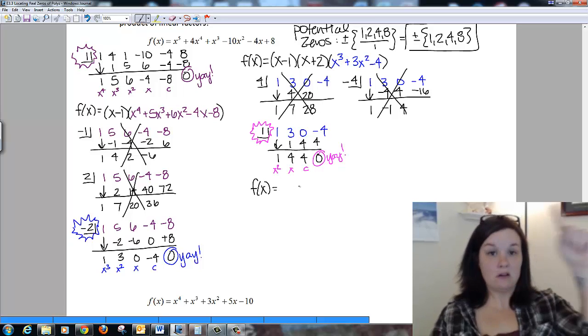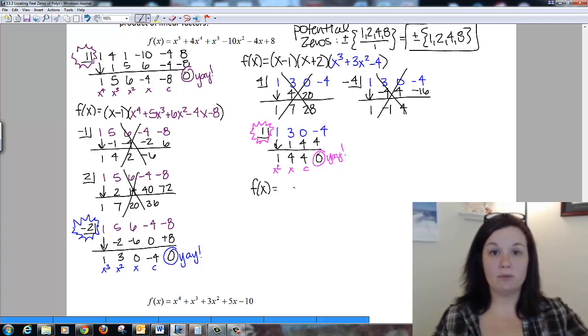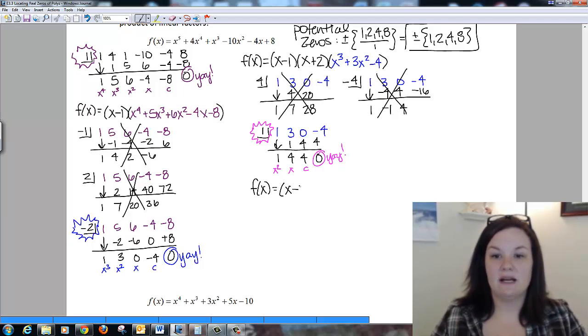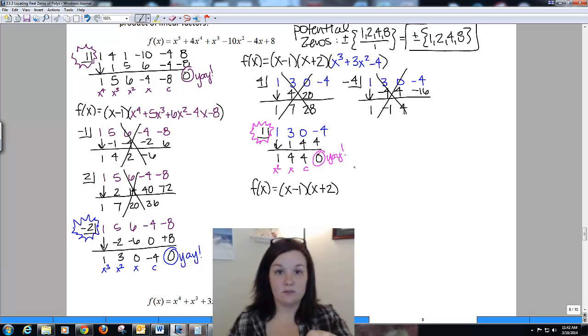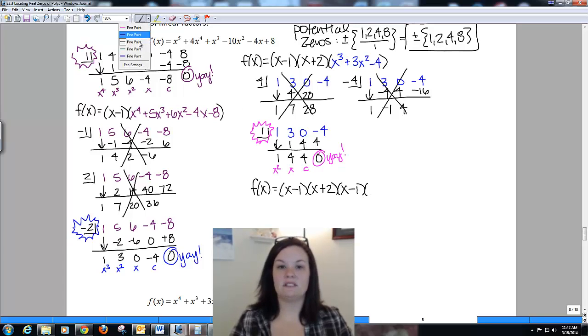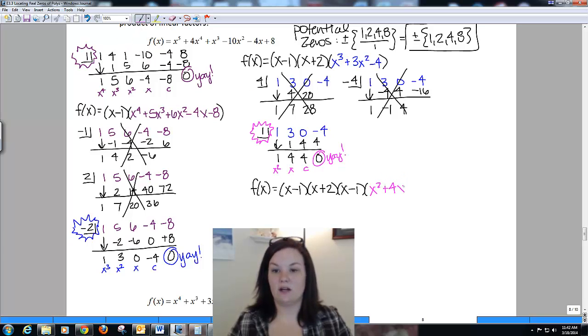My original 0 that I found with my purple synthetic was x minus 1, times the 0 I found with my blue synthetic, which was negative 2, so that gives me x plus 2, times the pink 0 that I just found, which is 1, which gives me another factor of x minus 1, times the remaining factor I have down here, which is x squared plus 4x plus 4.